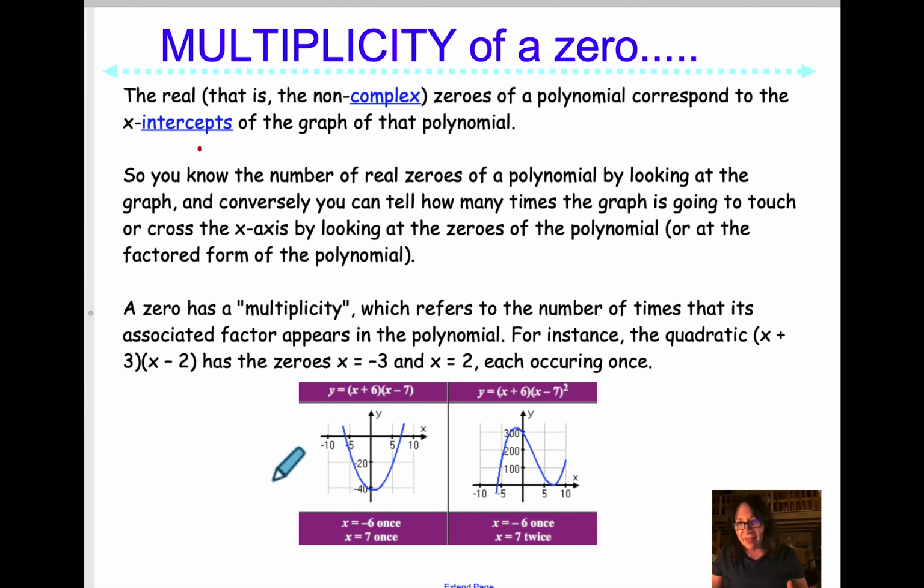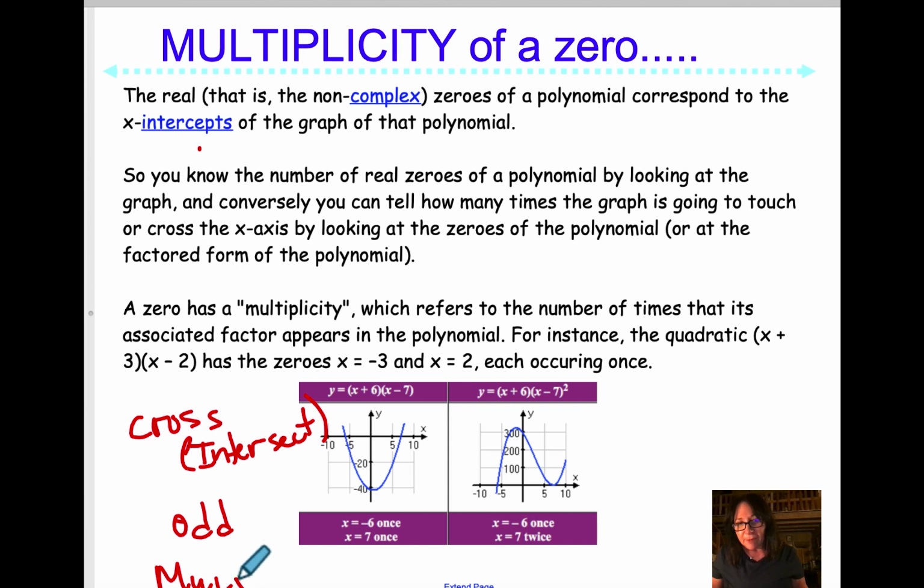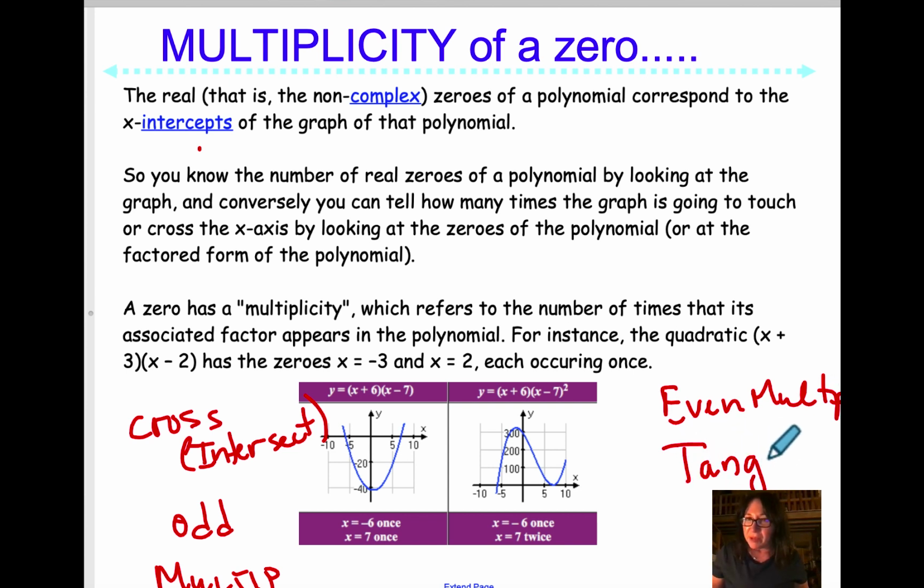But within that, the values that you find for the zeros, that's going to depend on if your graph is going to cross, okay, and sometimes people use the word intersect, so you can either use cross or intersect, and that's if you have an odd multiplicity. But if you have an even multiplicity, what that's saying is that your graph is tangent, meaning it's going to be bouncing off at that point. So you can say tangent, or you can say it bounces, okay?